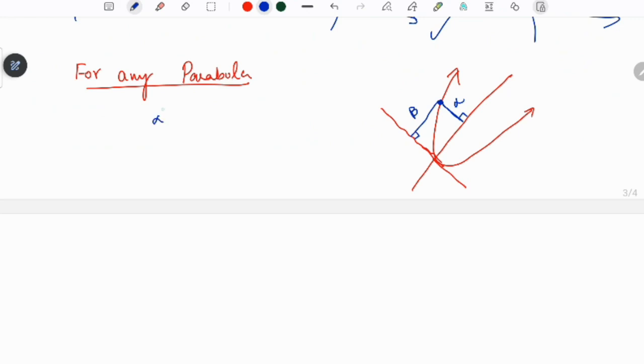Distance between the point and the axis whole square is equal to latus rectum multiplied with the distance between the point and the tangent at vertex, beta. This should definitely hold. That is the property of every point on the parabola.